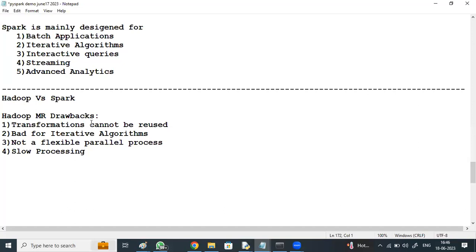Transformations cannot be reused means, for example, you want to perform multiple aggregations: sum, average, max, min. For example, you have some employees. I want the total salaries of all the employees, the average salaries, the max salary given, the min salary given.